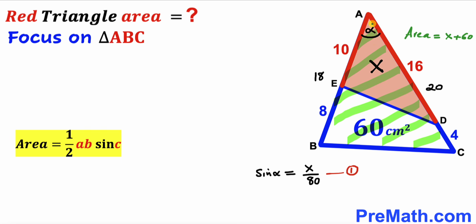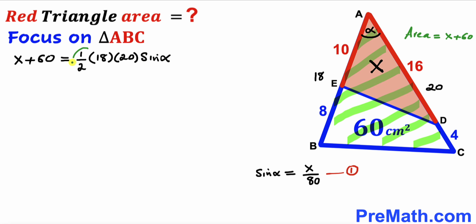The angle in between is once again alpha. Filling in the formula, X plus 60 equals a half times 18 times 20 times sine of angle alpha.